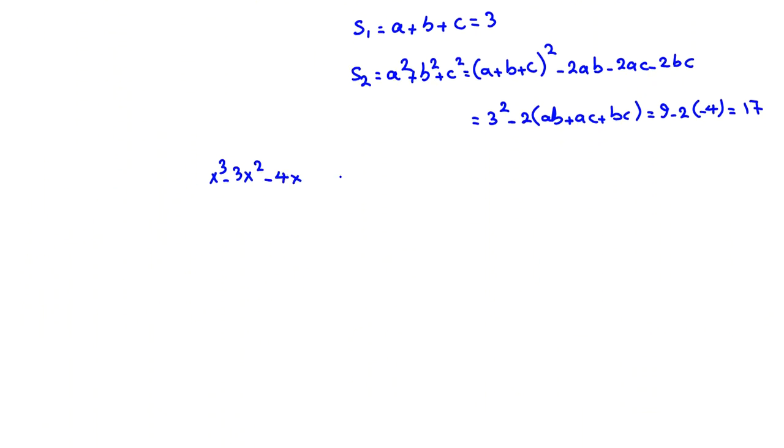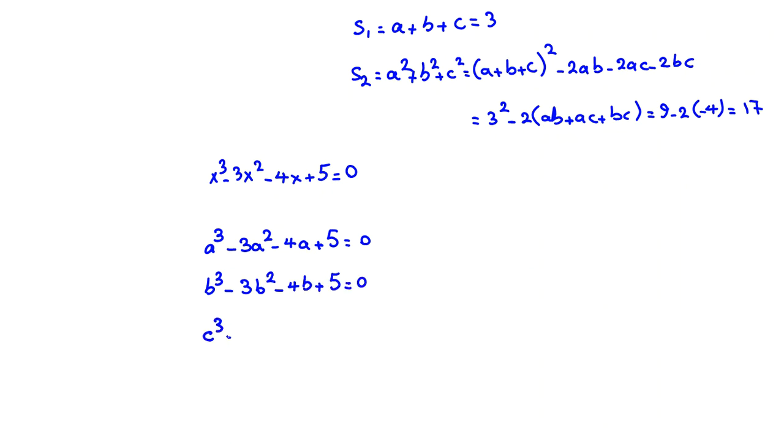Since a, b, c are roots, a cubed minus 3a squared minus 4a plus 5 equals 0. I write it for b and c: b cubed minus 3b squared minus 4b plus 5 is 0, and c cubed minus 3c squared minus 4c plus 5 is 0.